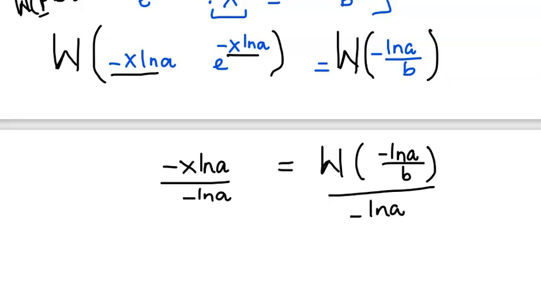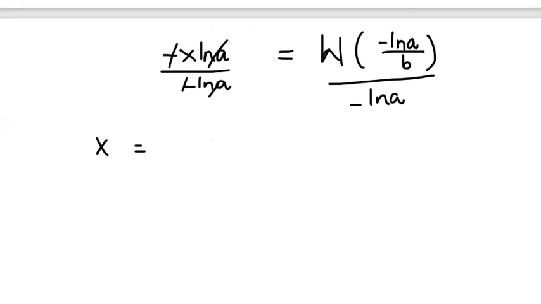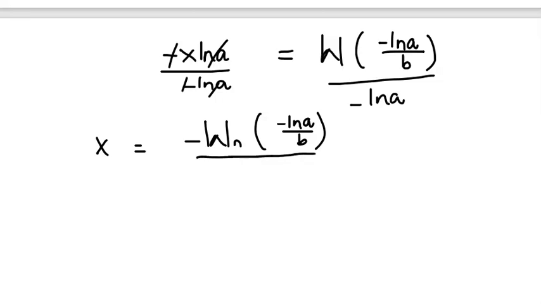Amazing, right? So here x is equal to, to maintain a general solution, we're going to put a subscript n. This will be negative W with a subscript n of the negative natural log of a divided by b, then all over the natural log of a.